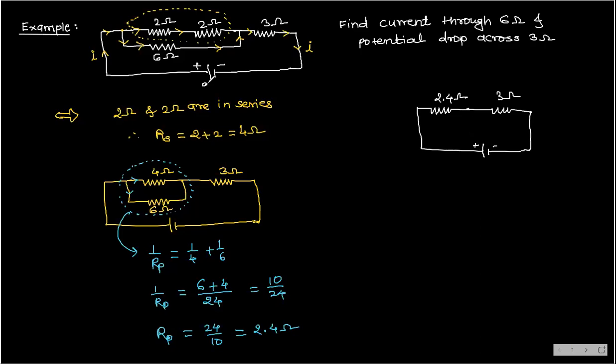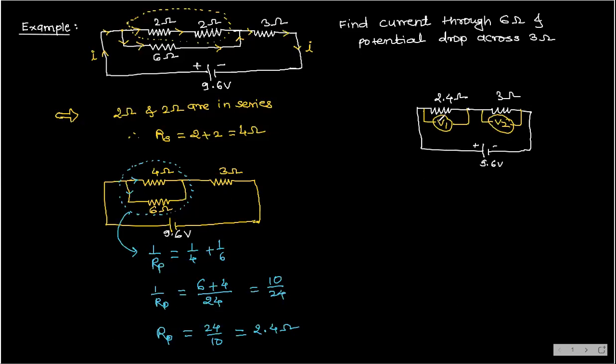I'm taking 9.6 volt. How much am I taking as supplied potential? 9.6. So here also 9.6 only. Just keep it in mind. We should give this, otherwise we can't calculate. So 9.6 volt. Okay. Now across this 2.4 you get V1 and across this you get V2. Okay?